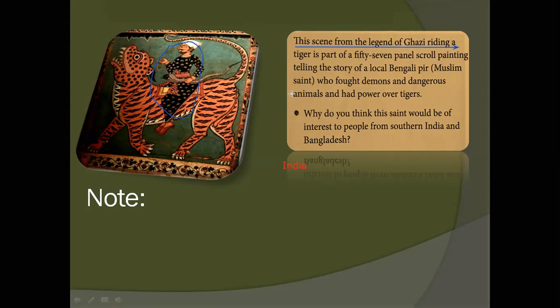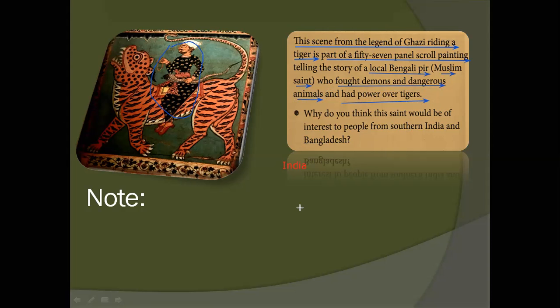Riding a tiger is a part of a 57 panel scroll painting. Wow, it must be a very long painting. The picture is a scroll telling the story of a local Bengali king, a Muslim saint, who fought demons and dangerous animals and had power over tigers.